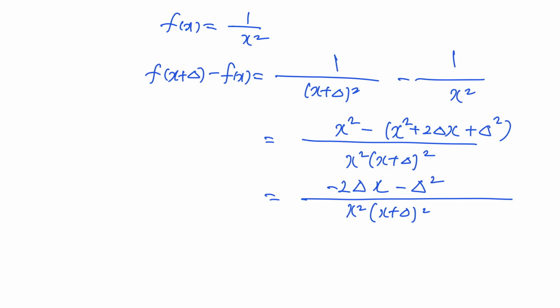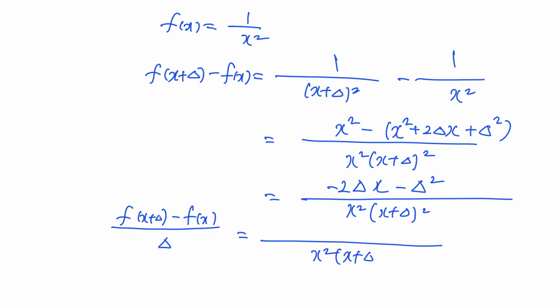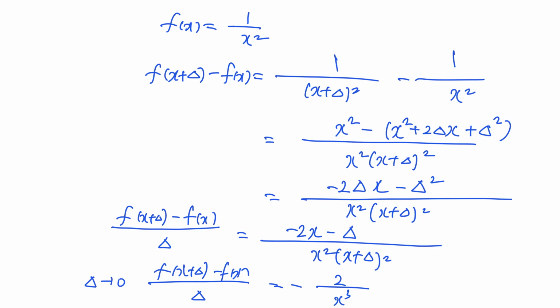So if you divide by delta, what do you get? The difference quotient is minus 2x minus delta over x squared times (x plus delta) squared. So if you set delta goes to 0, we have minus two over x cubed, right? So we can continue. Of course, you memorize this, but let's make a table.